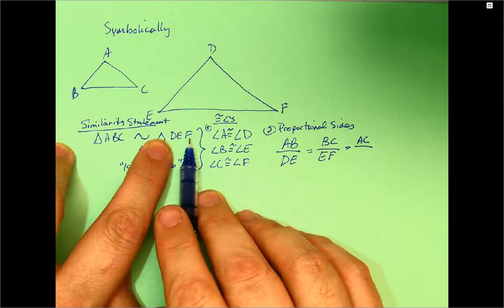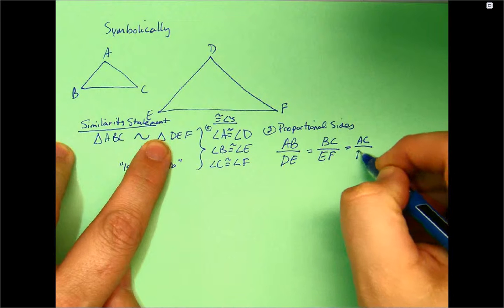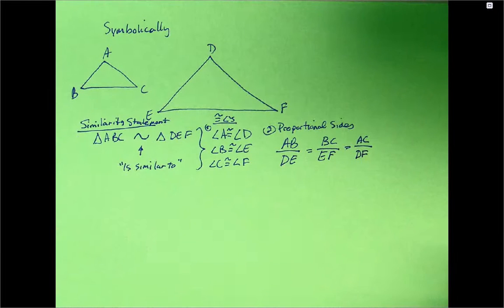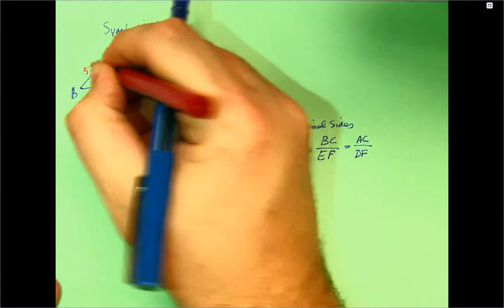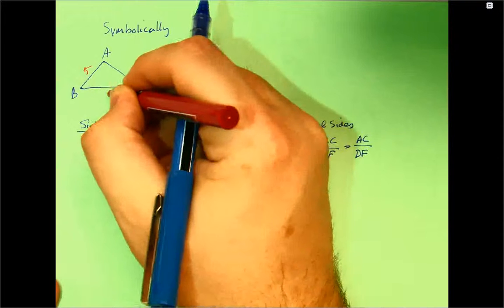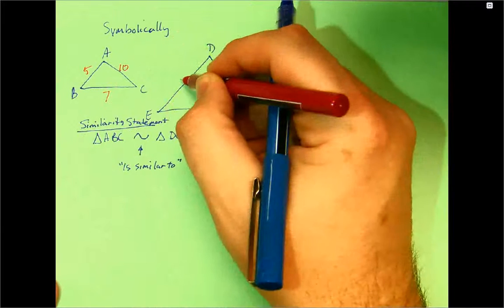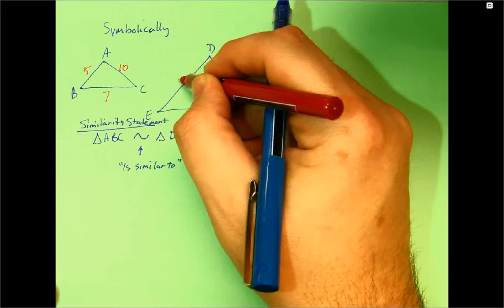Now, I don't know numbers, but let's just say for fun, I said that's a 5, that's a 7, that's a 10, and I know this is a 15. Can we figure out what all the other values are?